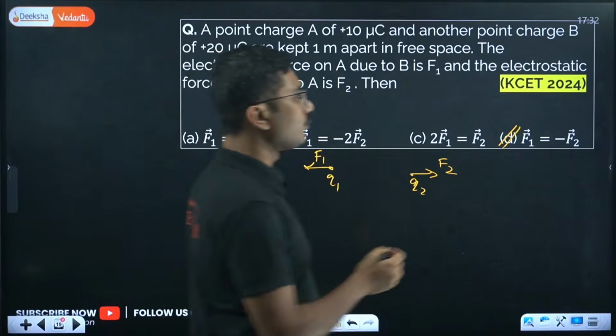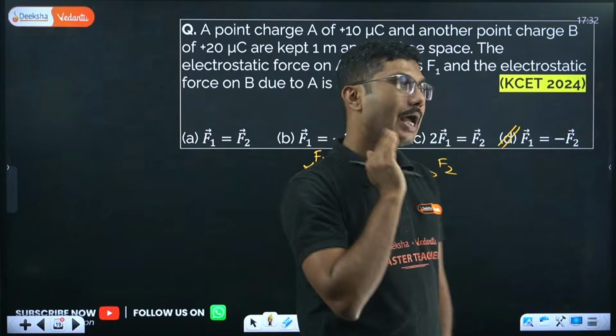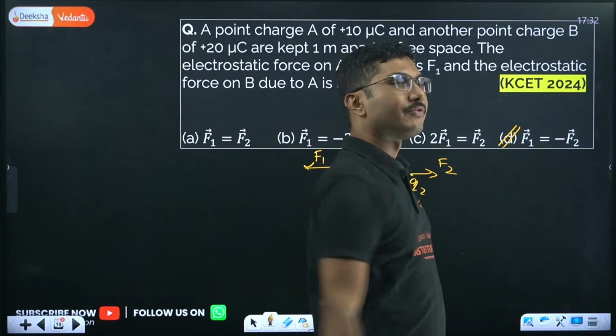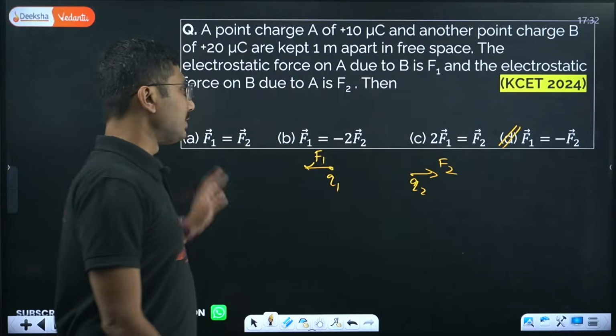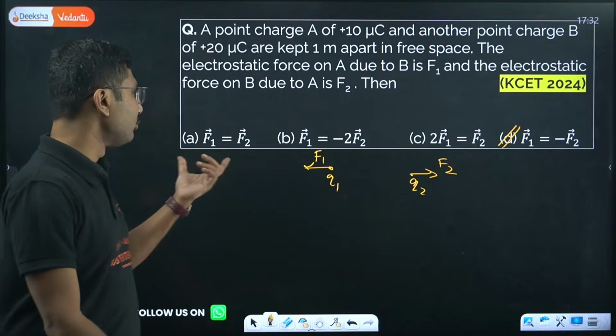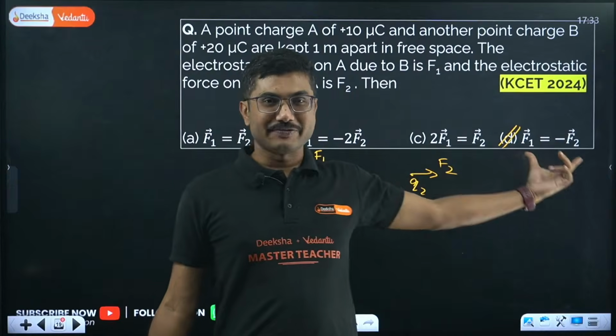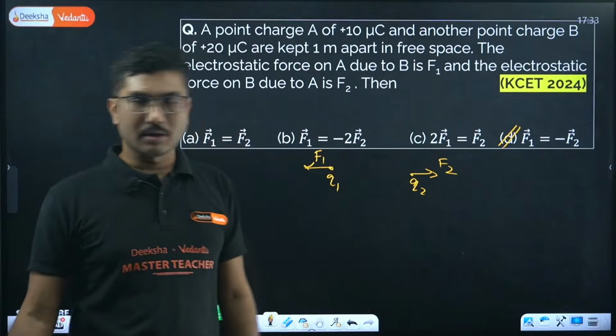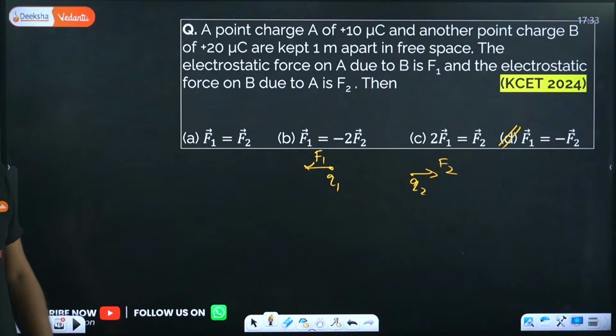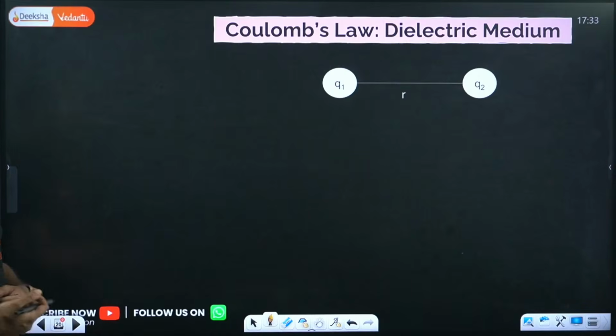Minus F2 represents that the direction is opposite, and the equal sign represents that they are equal. Do not write the other options, obviously this is a trap, it has to be a negative sign. This comes from Newton's third law. Now, let's move on.